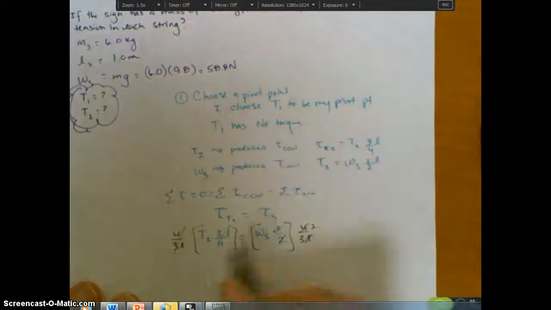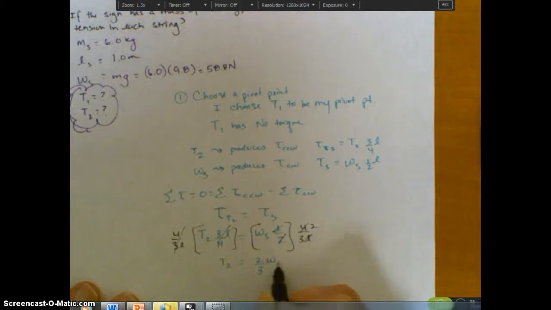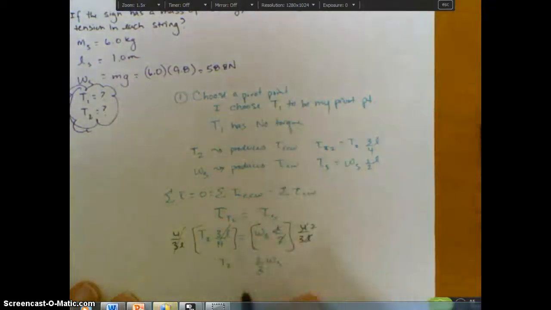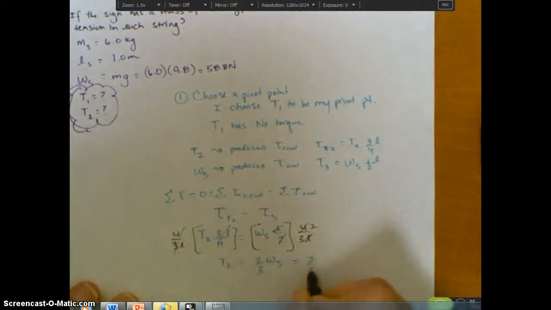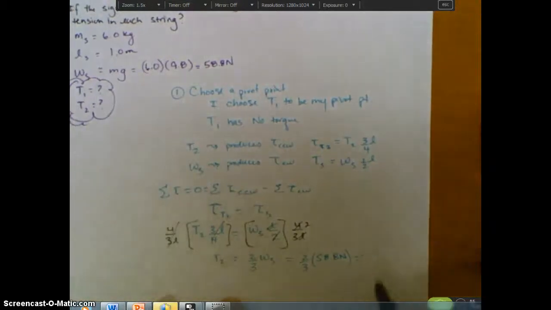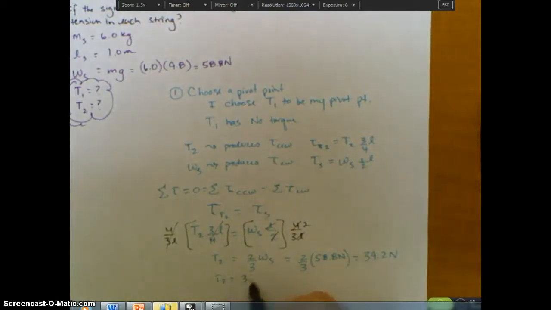So T2 equals 2/3 the weight of the sign. I found the weight of the sign to be 58.8 newtons, so I'm just going to substitute that in. That works out to be 39.2 newtons. If I'm thinking sig figs, it'll just be 39 newtons for T2.